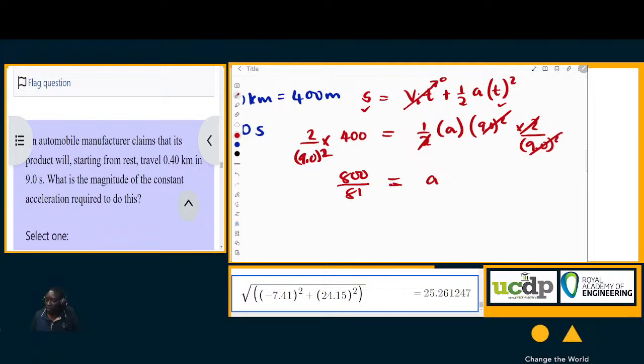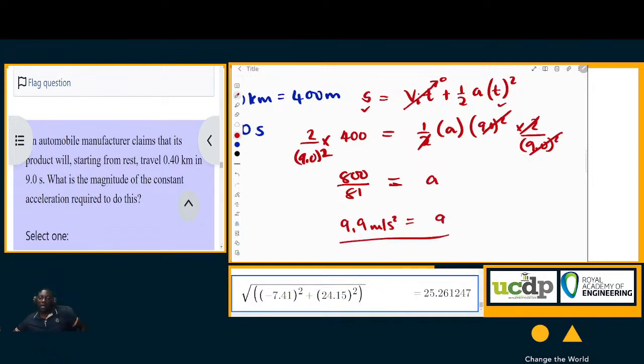That should give us our acceleration. And what is the magnitude of this constant acceleration? This gives me 9.9 meters per second squared as the acceleration. I hope you got the same.